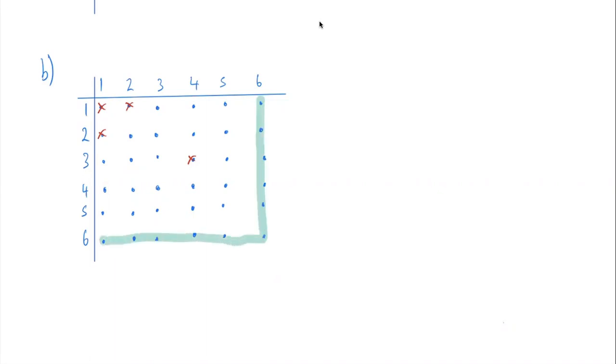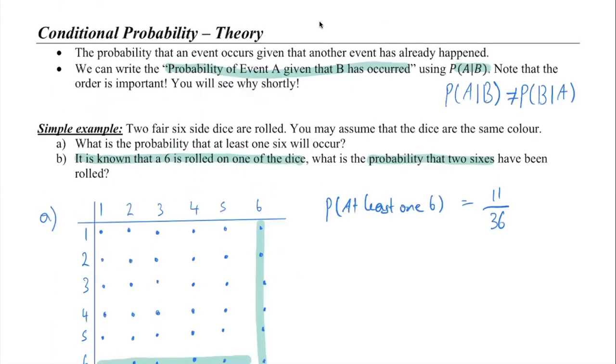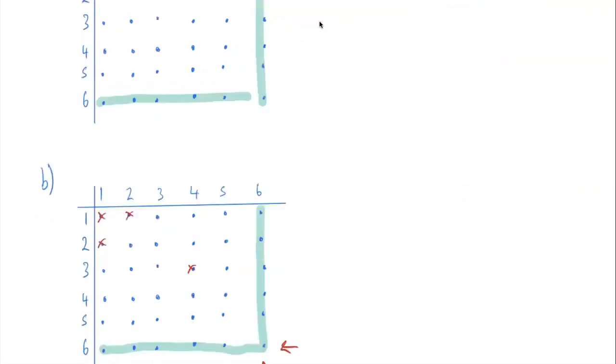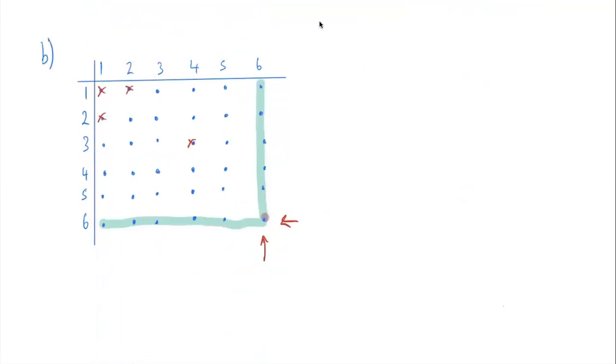So I can only have things coming from this column and from this row, okay? So now what I want you to have a look at is, how many chances do I have to roll 2 sixes, right? So that's what it's asking. So given that we've rolled a 6, what's the probability that we get another 6? Well, we only have one outcome there.